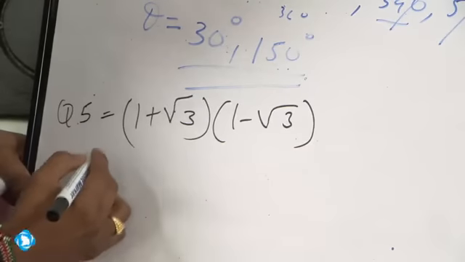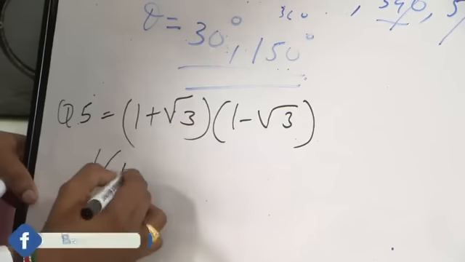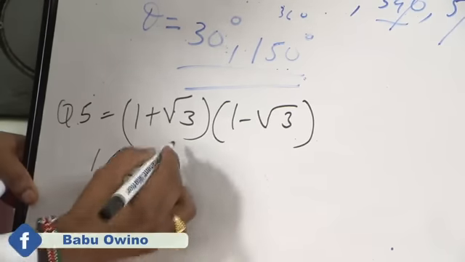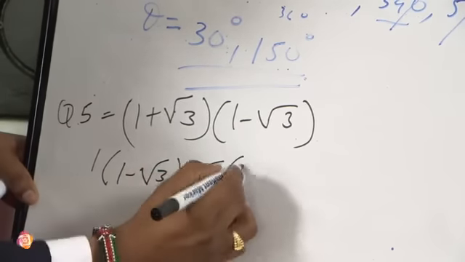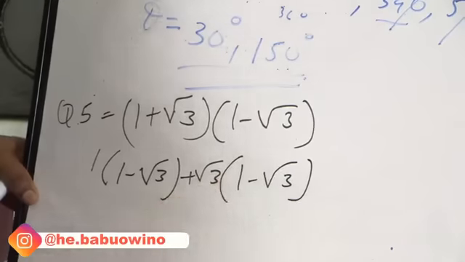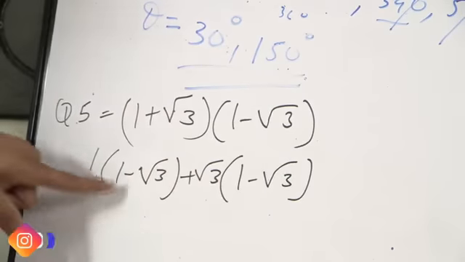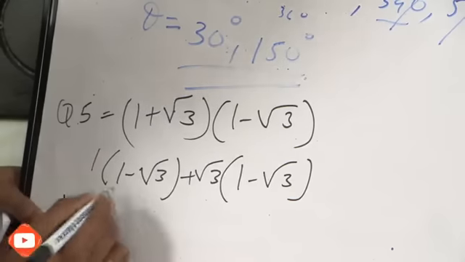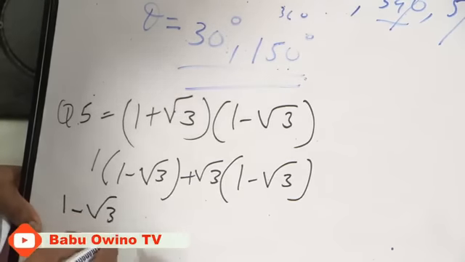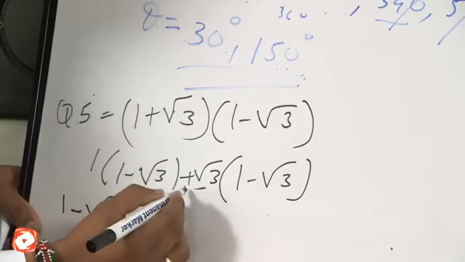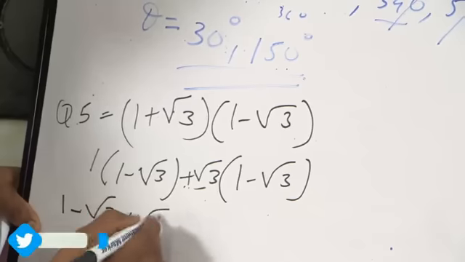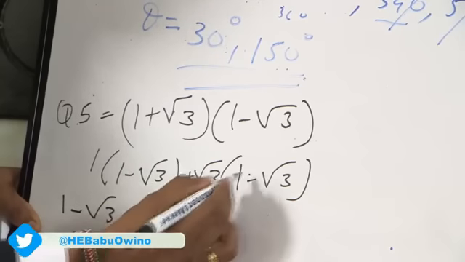When you expand it, you write 1 into 1 minus root 3, plus root 3 into 1 minus root 3. 1 times 1 is 1, minus 1 times root 3 is root 3, plus root 3 times 1 is root 3. Then plus times minus is minus.